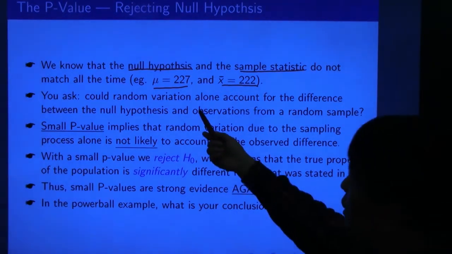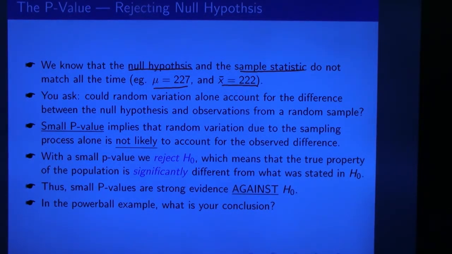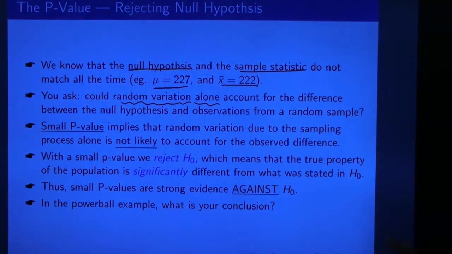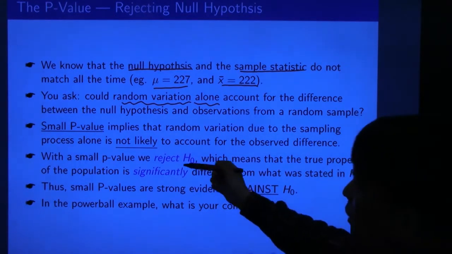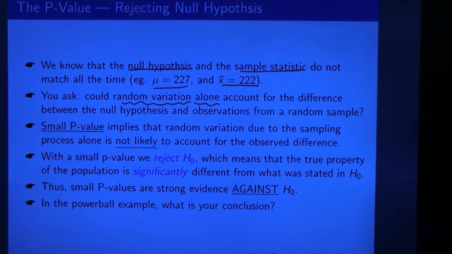Could random variation alone account for the difference between the null hypothesis and the observations from a random sample? A small p-value implies that the random variation due to the sampling process alone is not likely to account for the observed difference.